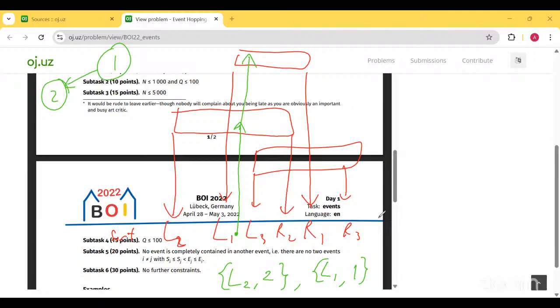All right. Iterate in reverse order. It means we will iterate from this.